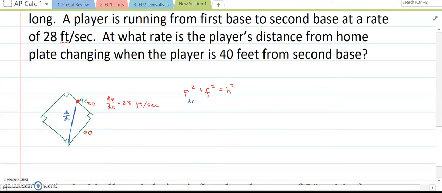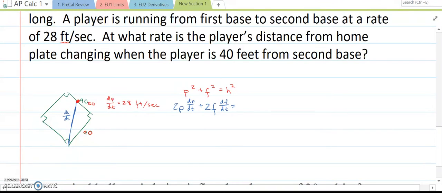So dp dt is still present. If I do this derivative, what you should recognize is that df dt is 0. It's not changing. And because it's not changing, I don't have to worry about it. It's going to cancel out that entire term.